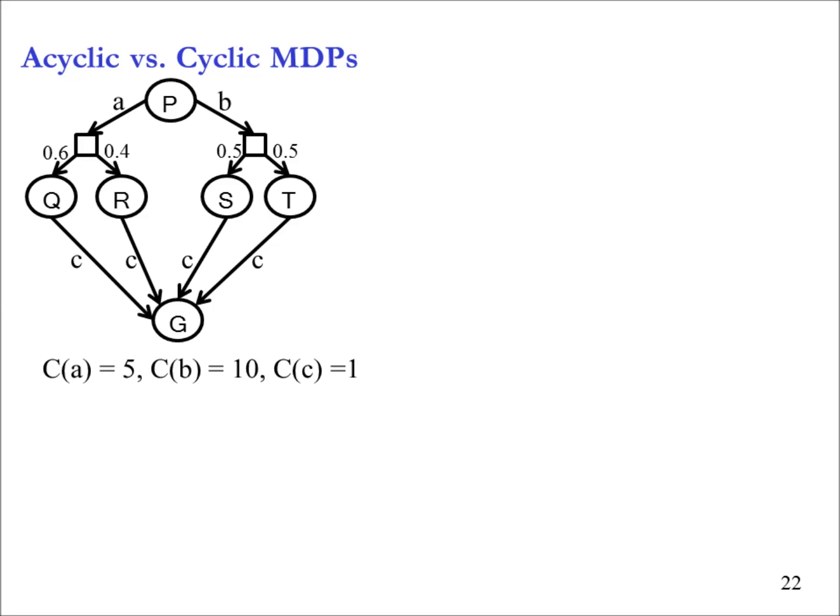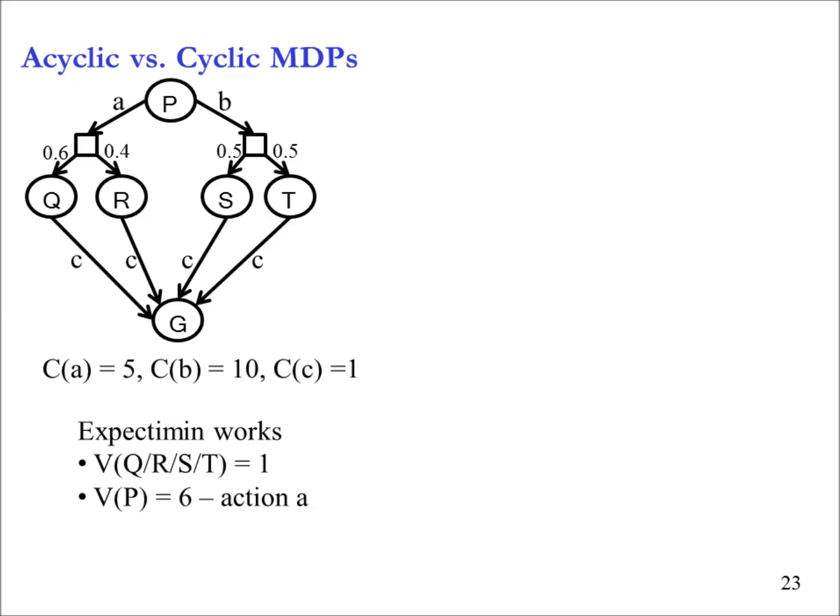Which action should I do? How many of you are still computing? No, it's fine. I want to make sure everybody gets this. This is important. What is the value of taking action A? 5 plus 0.6 times 1 plus 0.4 times 1.